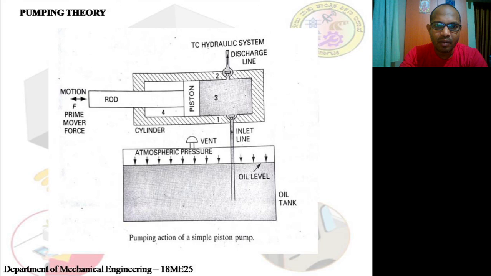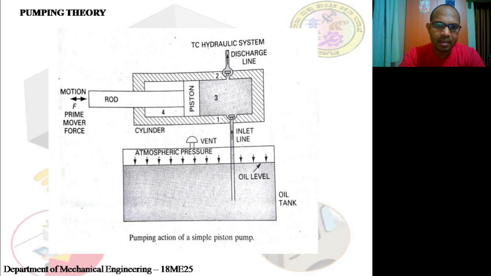Meanwhile, once the piston starts moving towards the right side, what happens? It creates a very high pressure. Very high pressure makes the valve shut down. That means the check valve will close this valve. As you can see here, the position of check valve 2 and check valve 1 will always be in opposite directions.